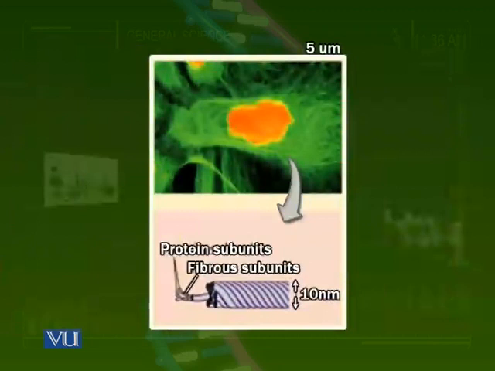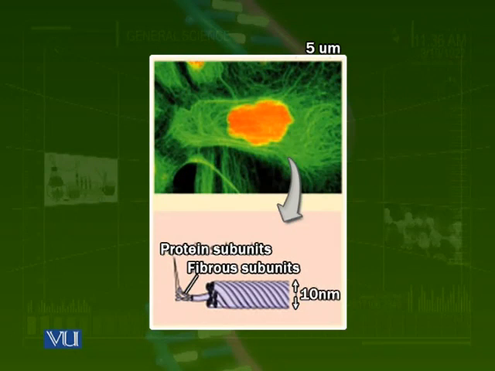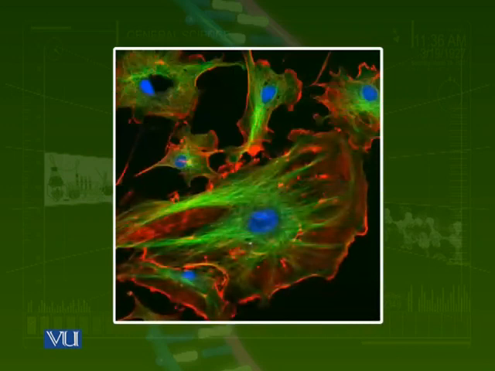In the third picture, you can again see the nucleus in orange color, and in green color different types of intermediate filaments. This is another picture taken more closely, in which you can see various cells which have nuclei in blue color, and in green color they have microtubules, and in red color they have actin.